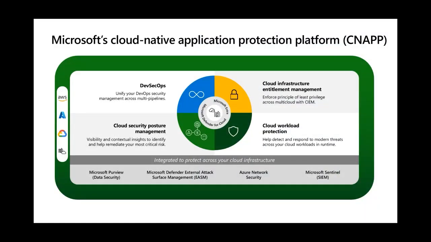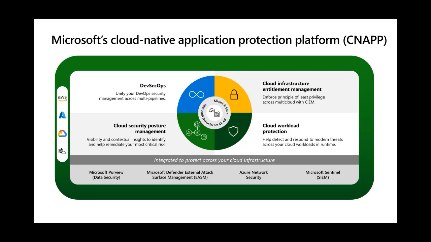As some of you may know, Defender for Cloud is a cloud-native application protection platform, or a CNAPP solution, with the goal being to protect your resources from code to cloud. And we have a broad offering here in terms of what we cover, as well as integrations across the Microsoft security stack.